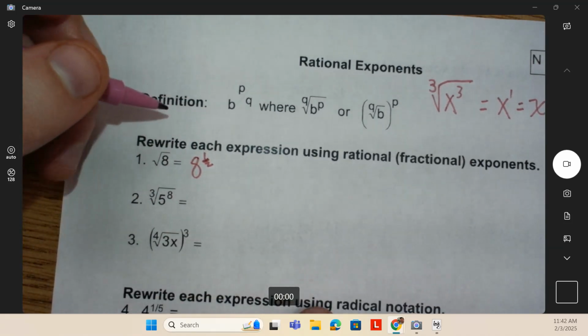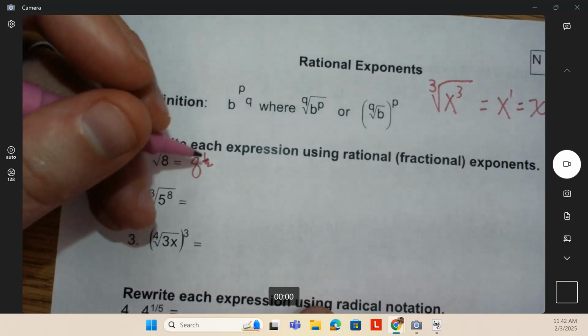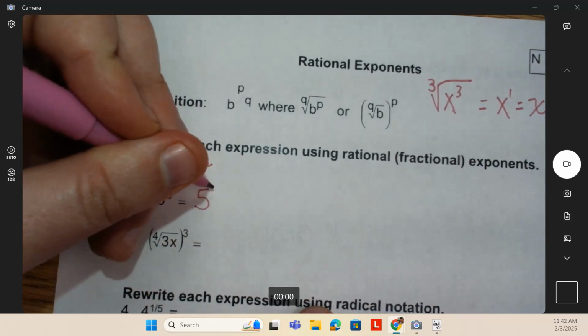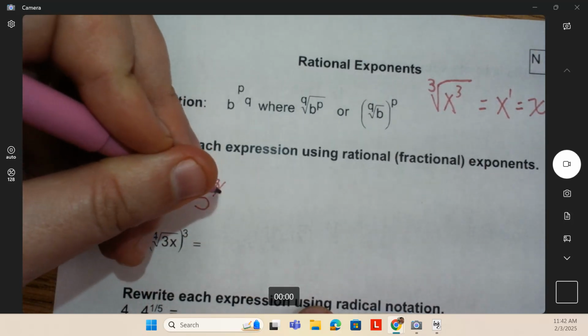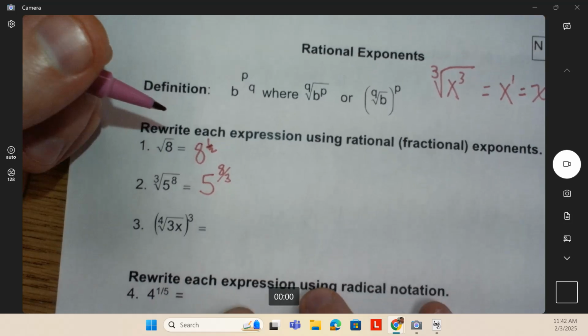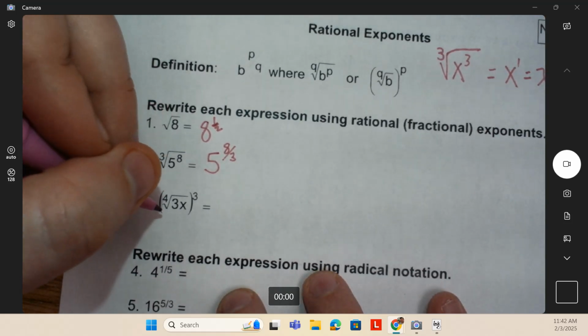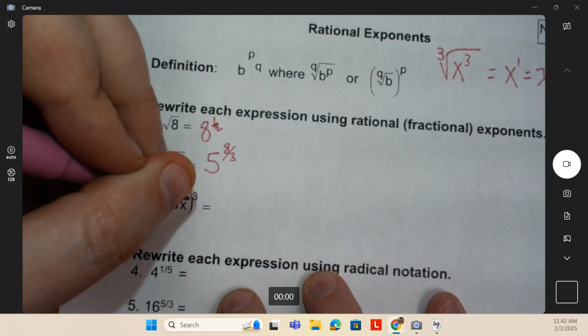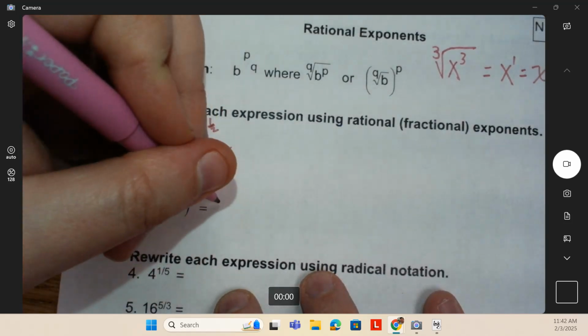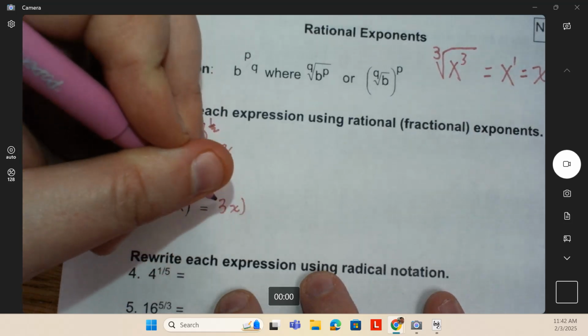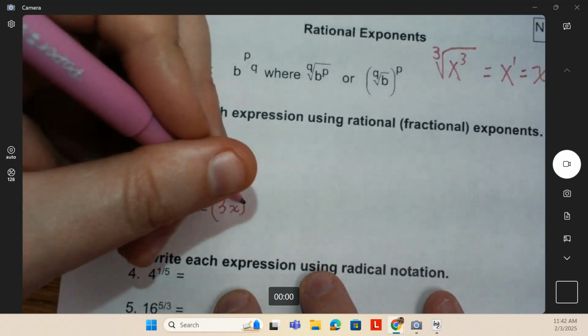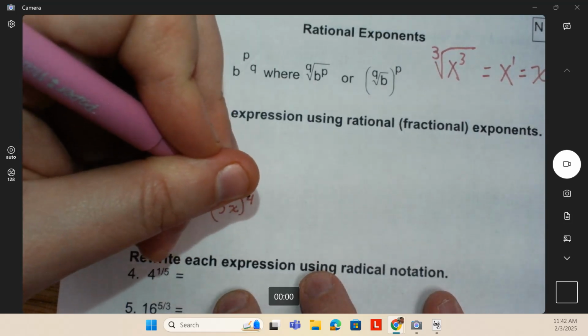Then 5 to the 8th power, the cubed root of that, just rewrite that as 5 to the 8 over 3 power. And then the fourth root of 3x cubed, I just write that as 3x, then the exponent is 3 over 4.